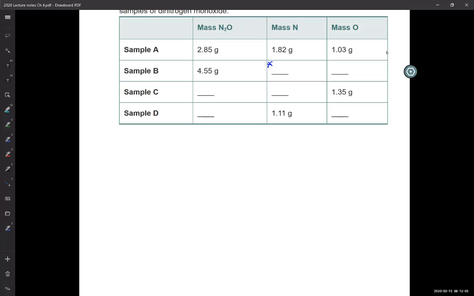So I'm going to say X grams of nitrogen divided by 4.55 grams is equal to 2.85 grams of the substance. Forget whatever that formula is, because that doesn't matter.